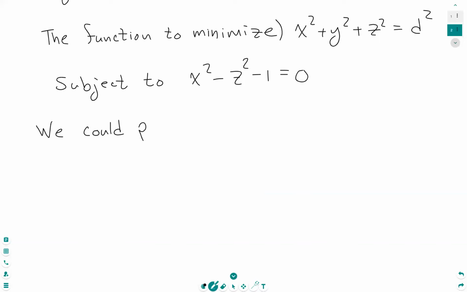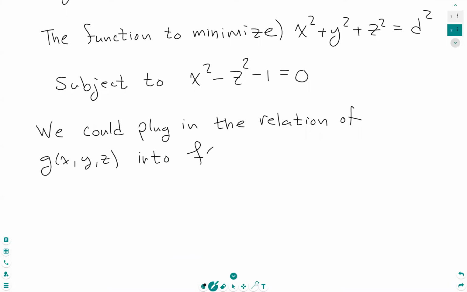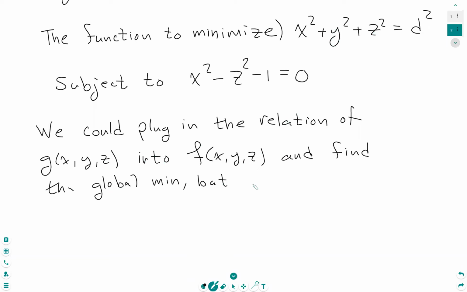We could plug in the relation of G, our constraint, into the function that we're trying to minimize, and find the global min, but that's hard.